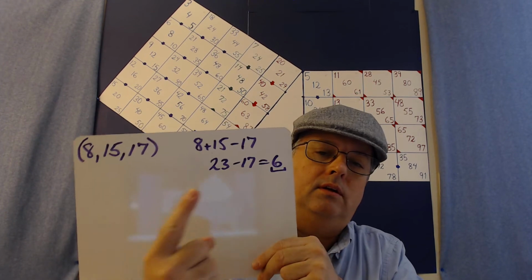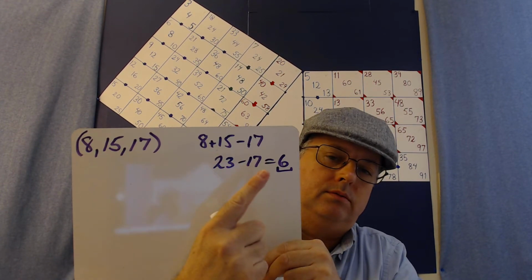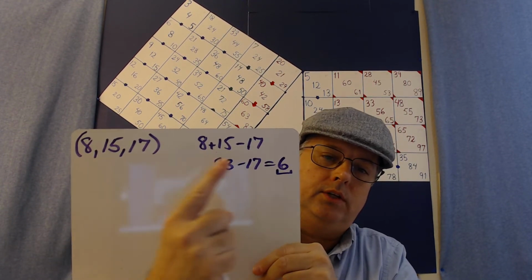Why not? So 8 plus 15 is 23, minus 17, and that's 6. We got this value 6 from going through this little series of operations.